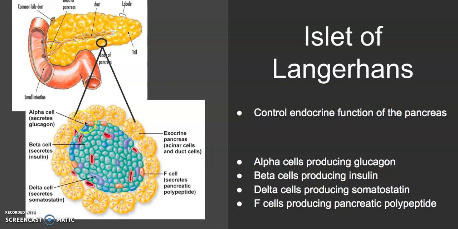And the cells that we're really going to be talking about are the endocrine cells, which are these four different types. We're going to talk about two of them in detail, the alpha and beta cells, and a little bit about the delta cells. So don't worry about the F cells here. Again, the islets of Langerhans exist to control the endocrine function of the pancreas. So they control how hormones are released in the pancreas and into the bloodstream.